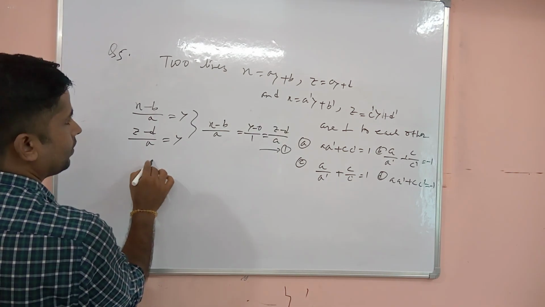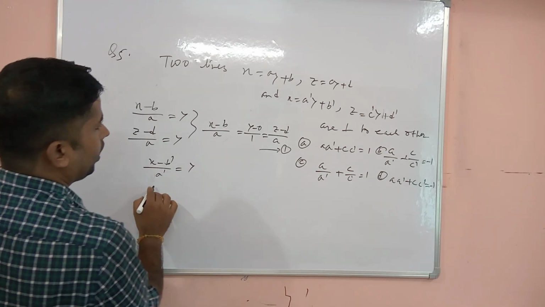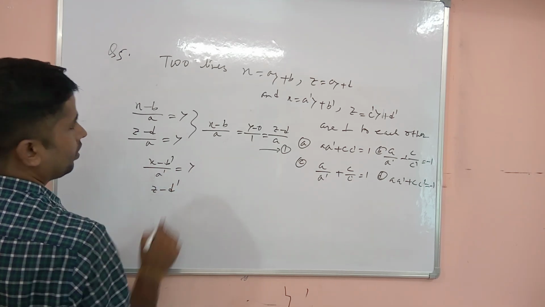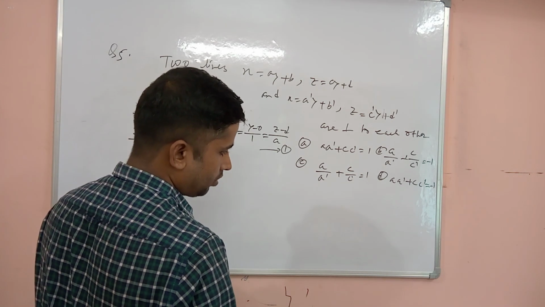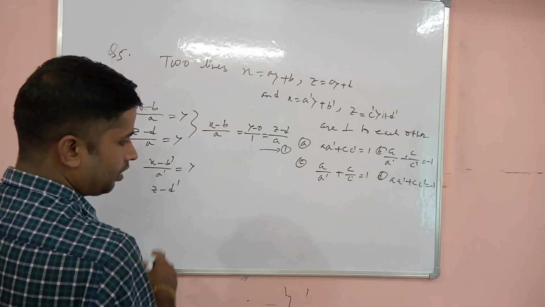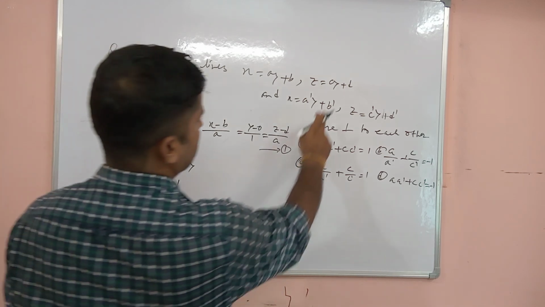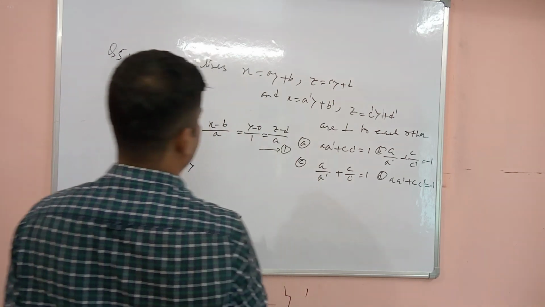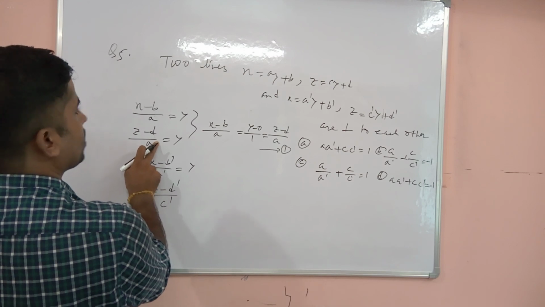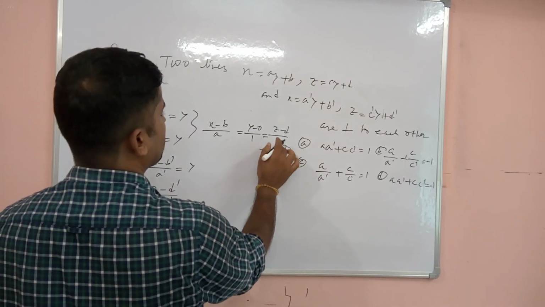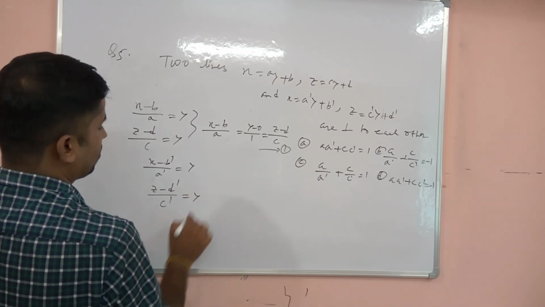So it implies x minus b dash by a dash is equal to y, and z minus d dash by c dash is equal to y.